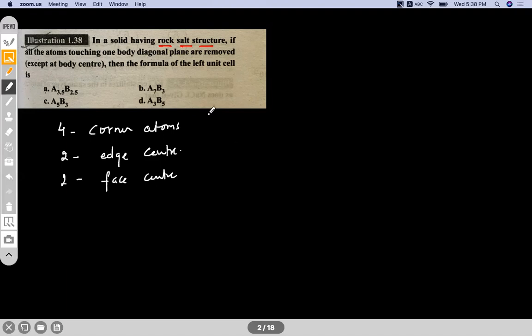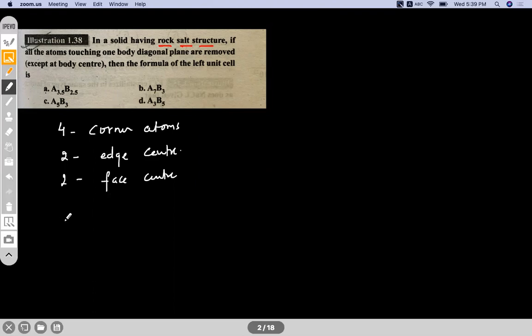A is not given at the face center. So which atom do you assume at the face center in the FCC arrangement? B, when it's rock salt. Fine.